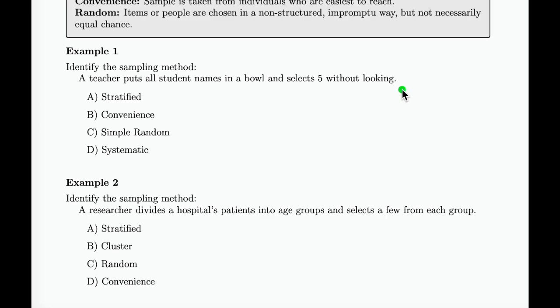Every sample has the same chance of being picked. Nothing's getting split up into groups before being picked. There's no skipping and there's no convenience involved. It's just pure chance, and that's the definition of a simple random sample. So for this one, we would choose simple random sample.